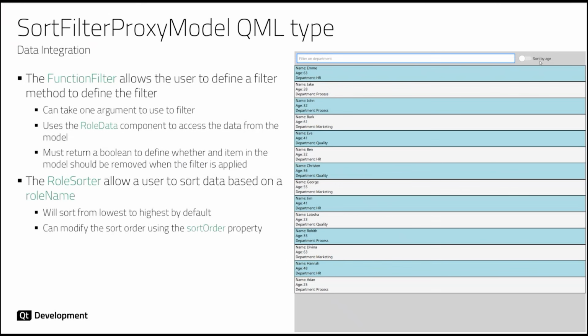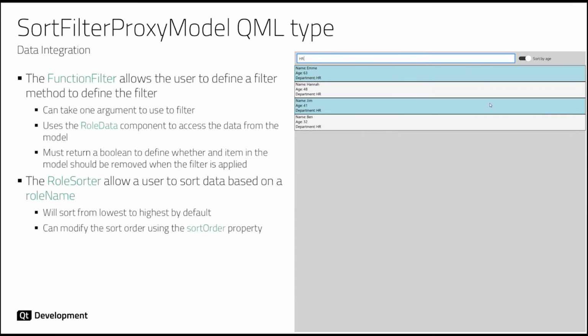And up here, we've got this switch, which allows us to sort it by age. So if I flip that switch to on, we'll see our list changes a little bit, and we are now sorting the employees' ages in descending order. So we can see it's starting at age 63 all the way down to age 23, and these are successfully sorted, again, in order of age. And then also, nicely, we can apply both a sort and a filter.